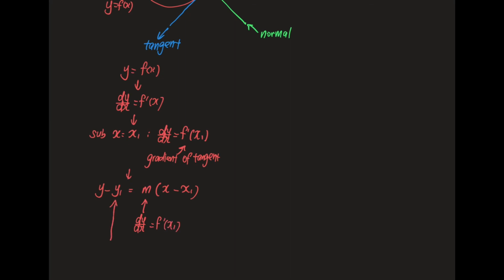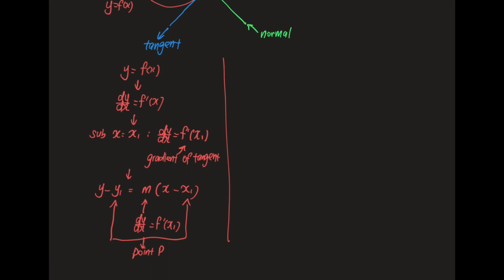The gradient is dy/dx, which is f'(x1). The x1, y1 here is from point P. You substitute everything inside, then you get the equation of tangent. So this is tangent.